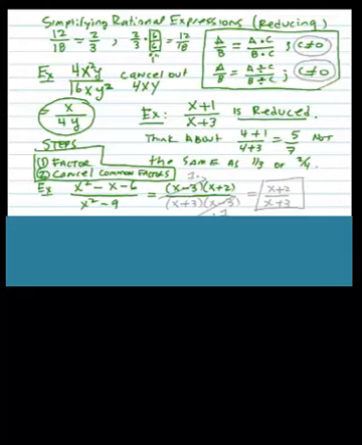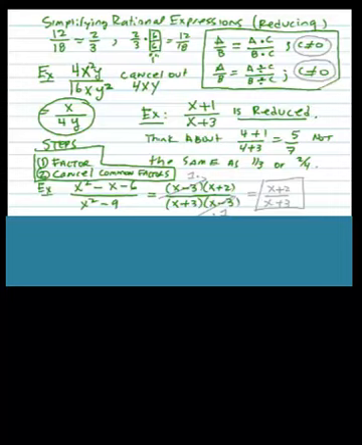When we look at x squared minus 9, that's a special form. That's the difference of two squares. The difference of two squares will always factor as a plus b and a minus b. So in the denominator, we have x plus 3 and we have x minus 3.